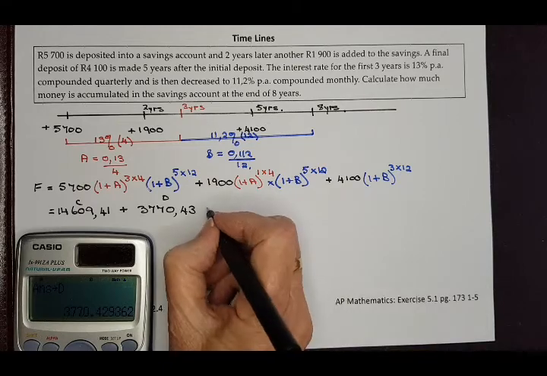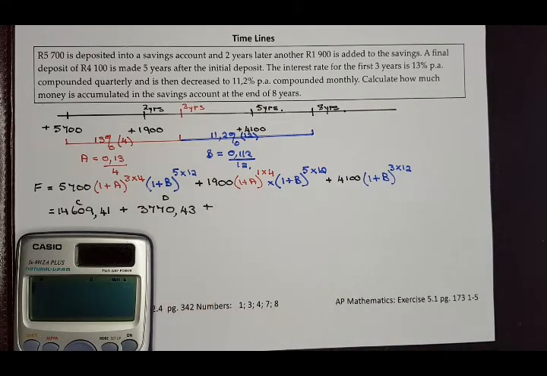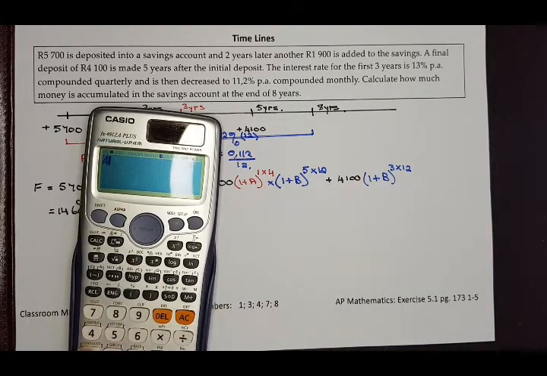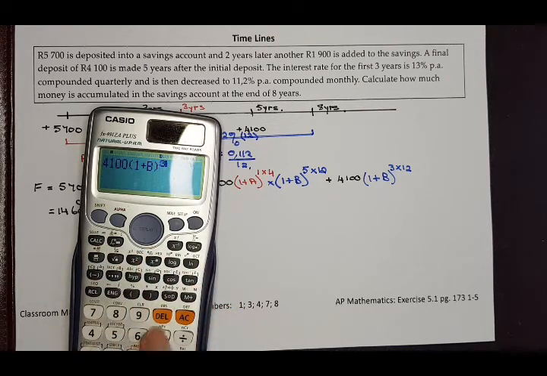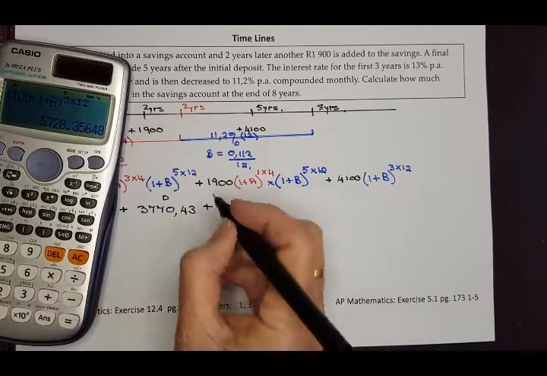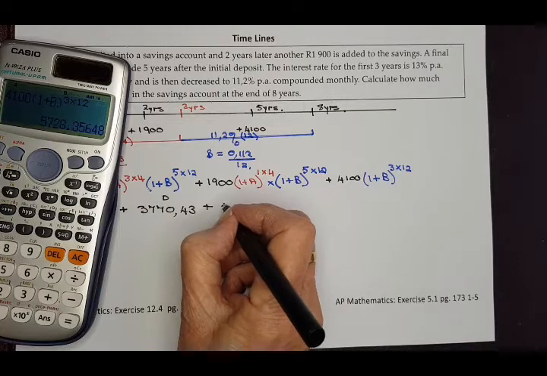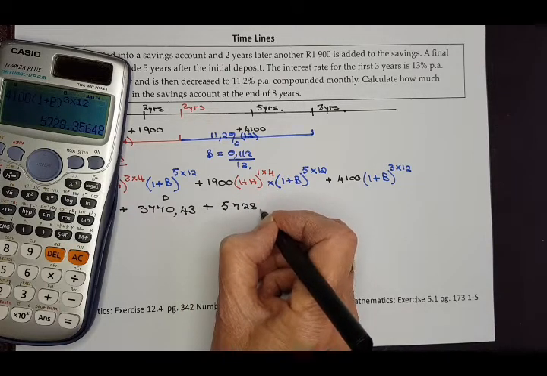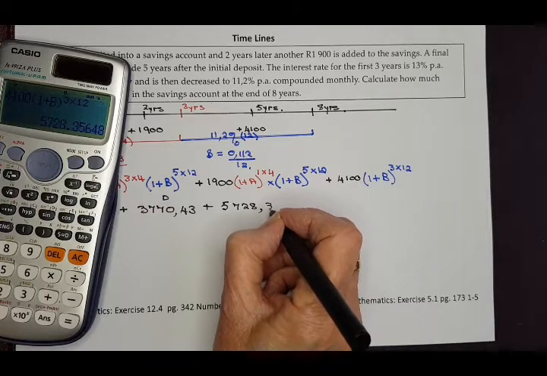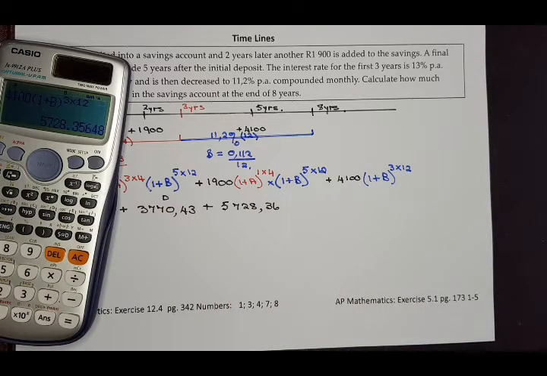The last transaction, 4,100 bracket 1 plus alpha B close bracket raised to the power of 3 times 12. And I have 5,728 and 36 cents.